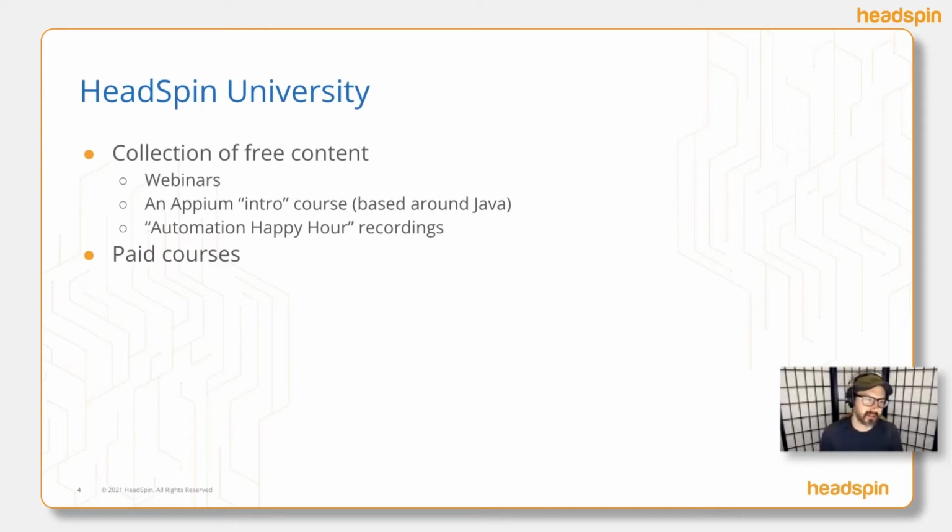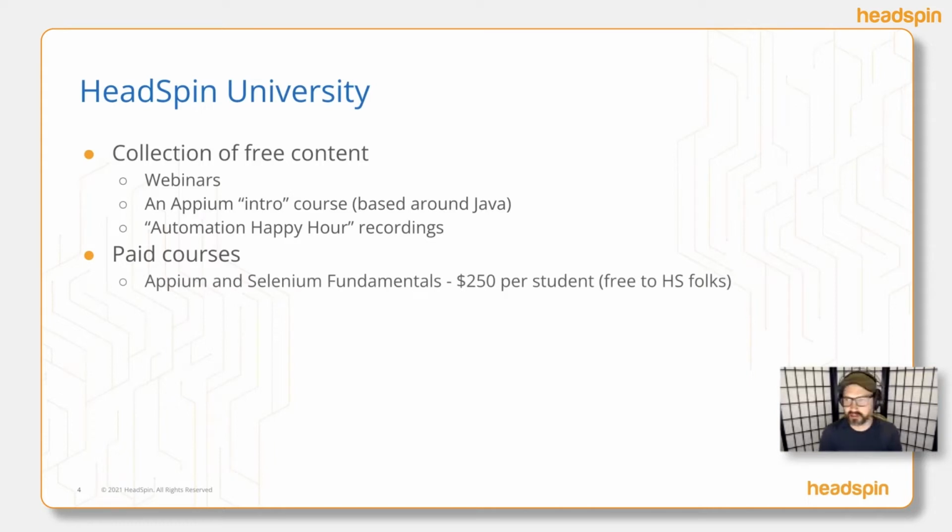And we do have a set of paid courses. Well, what will be a set; right now we've got one that's live. The one that's live is called Appium and Selenium Fundamentals, and that's a course that I developed. It costs $250 if you just come in with a credit card and want to take it, although we usually have separate arrangements with enterprise customers based on contract deals.